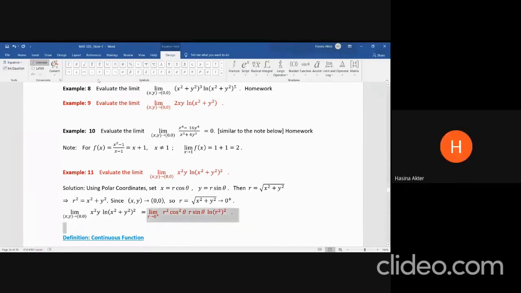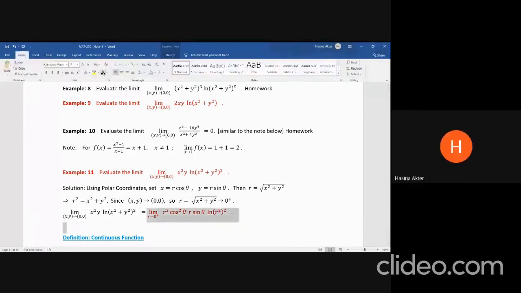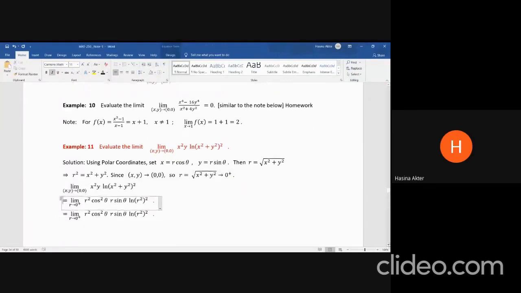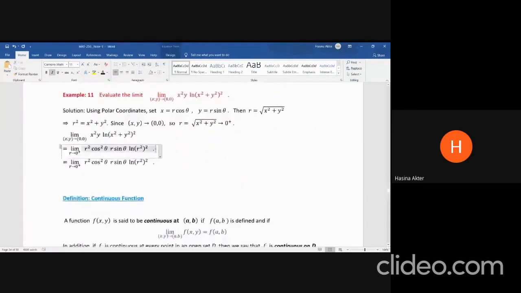So then, let's continue. Now, if I simplify this, cosine squared theta and sine theta can be taken out. R cubed.